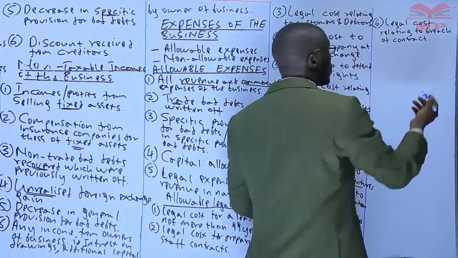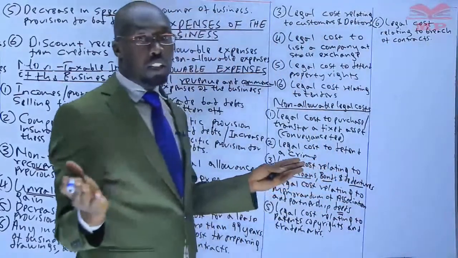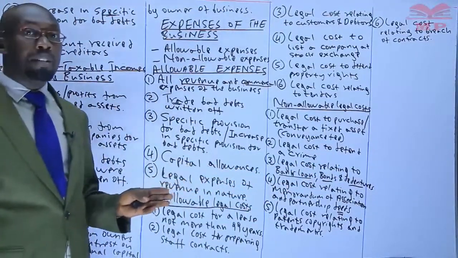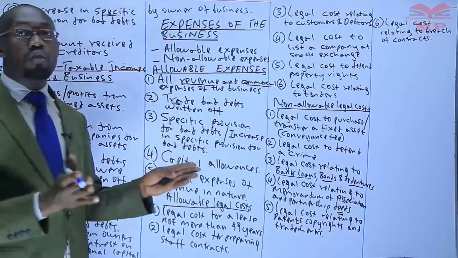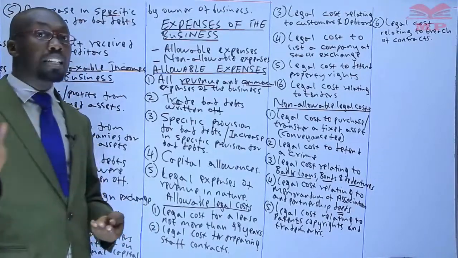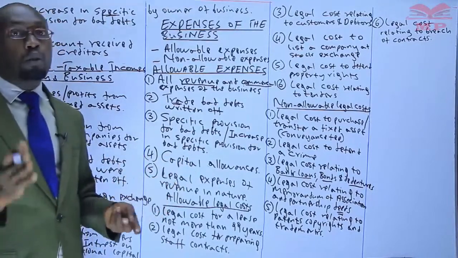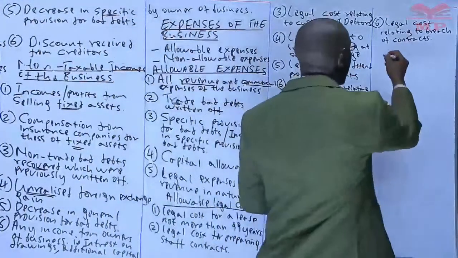That is, if your business breaks one of the contracts you have with your trading partners, be it customers, suppliers, or staff, and they take you to court, and the court determines that you actually broke that contract, and sometimes they fine you, that is not supposed to be allowable because you're not supposed to be breaking contracts.